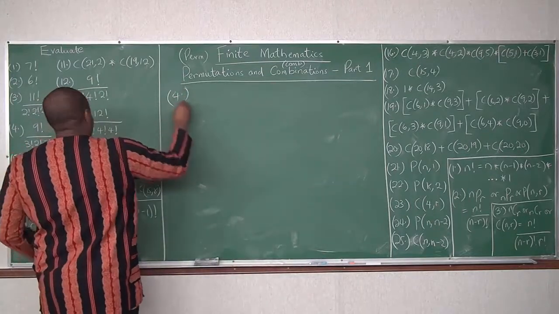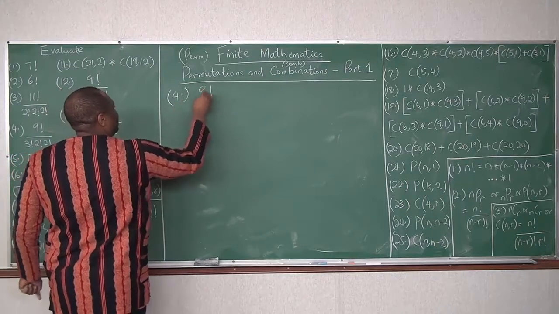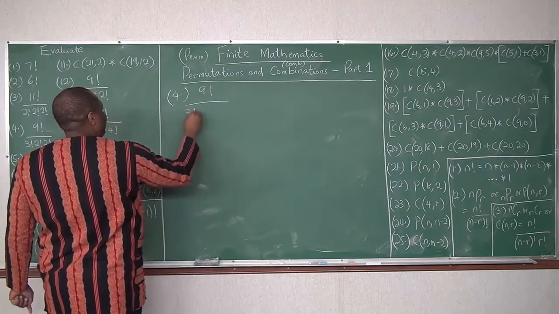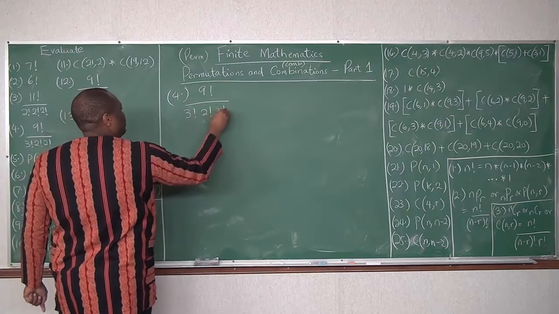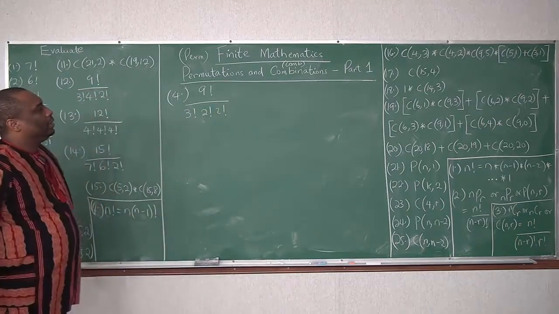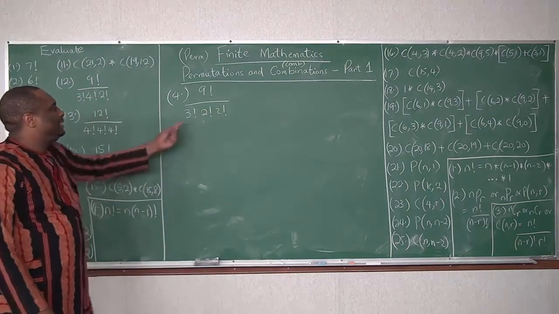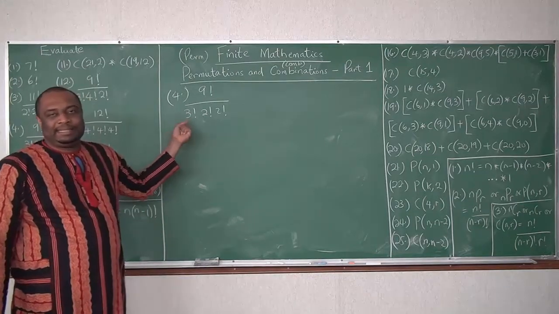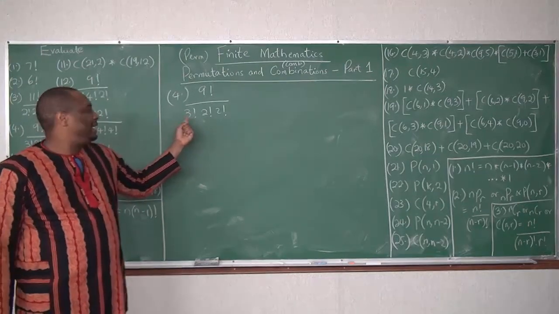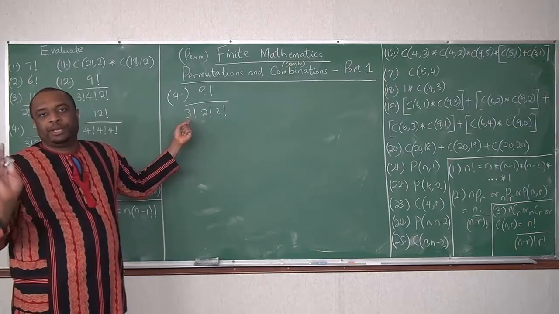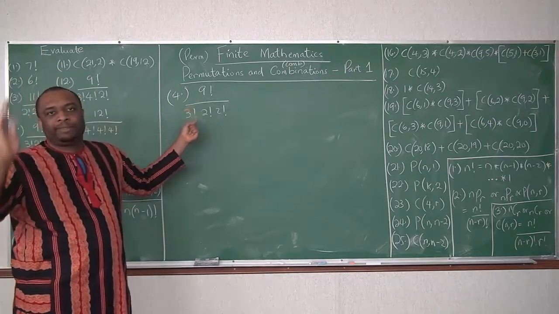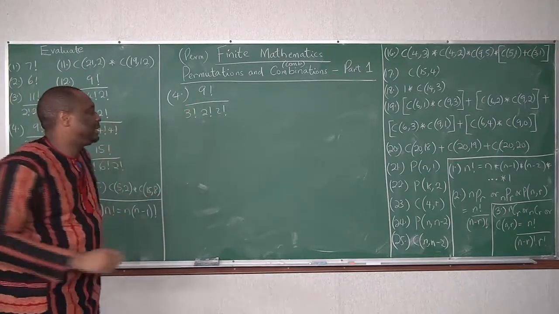Number 4, we have 9 factorial over 3 factorial, 2 factorial, 2 factorial. The highest denominator here is 3 factorial. So when we do this, we stop at 3 factorial so that it will cross out.